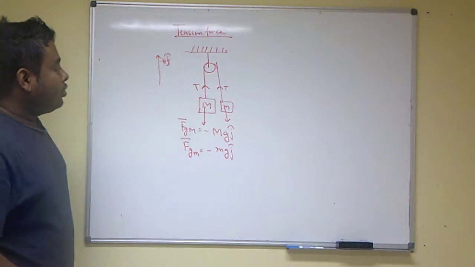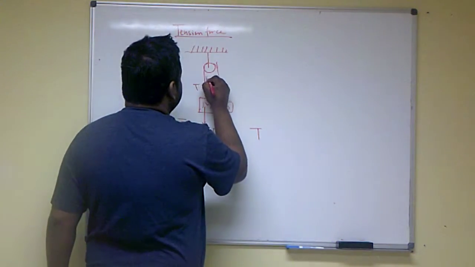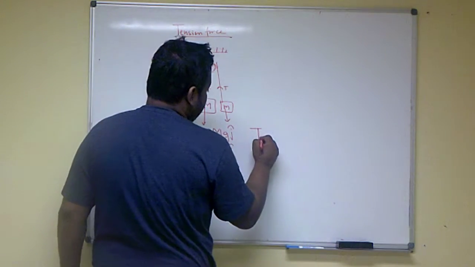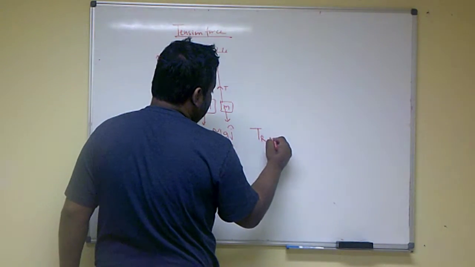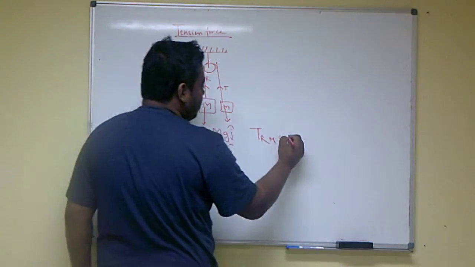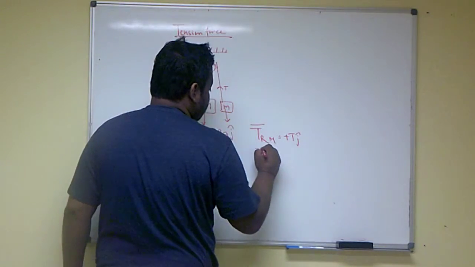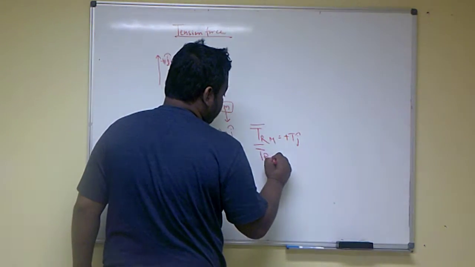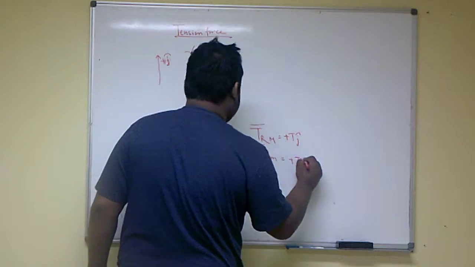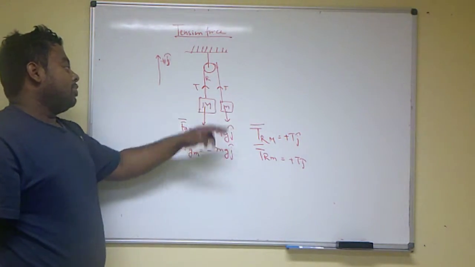The tension in the rope due to capital mass M will be acting in the upward direction, plus T j cap, and the tension in the rope due to small mass m will also be plus T j cap. It will be away from both bodies.